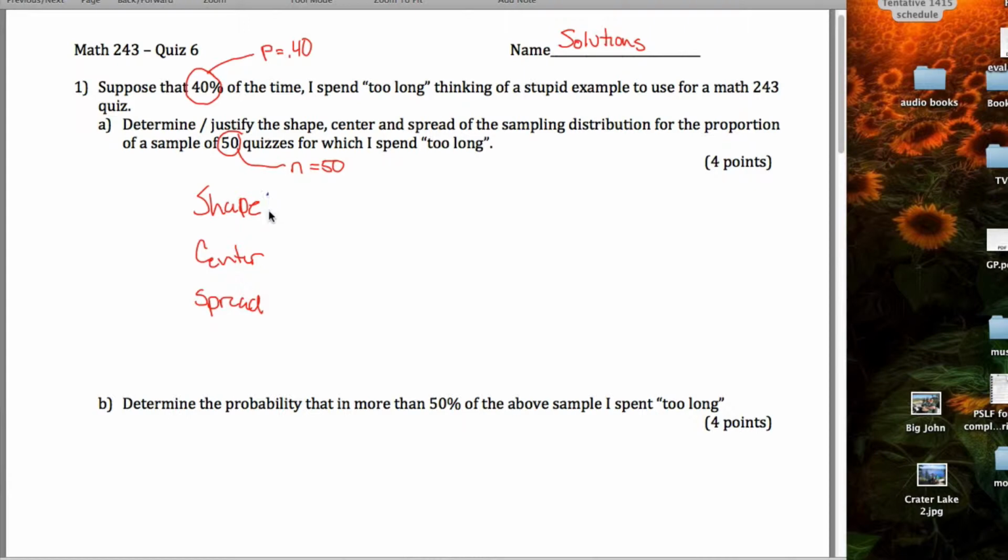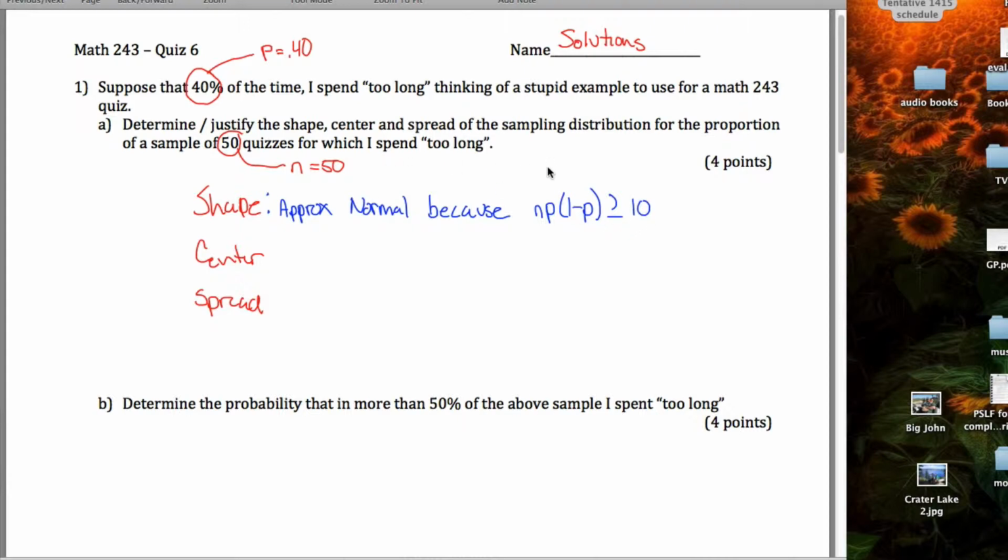So for shape, the answer in this class is always going to be approximately normal, because that's the only distribution we know how to study, or have information about. Why? The criteria when you're talking about proportions is we need n times p times 1 minus p to be greater than or equal to 10.